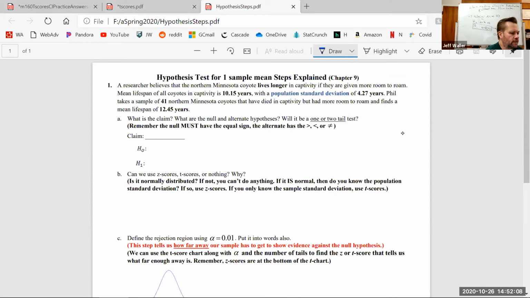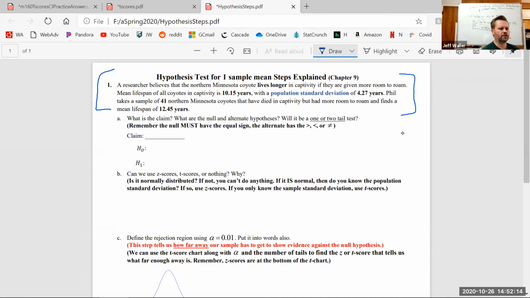Can you guys identify what claim somebody is making in this problem? In English. It was very nice in this problem. I bolded it. That coyotes in captivity that are given more room live longer than 10.15 years.